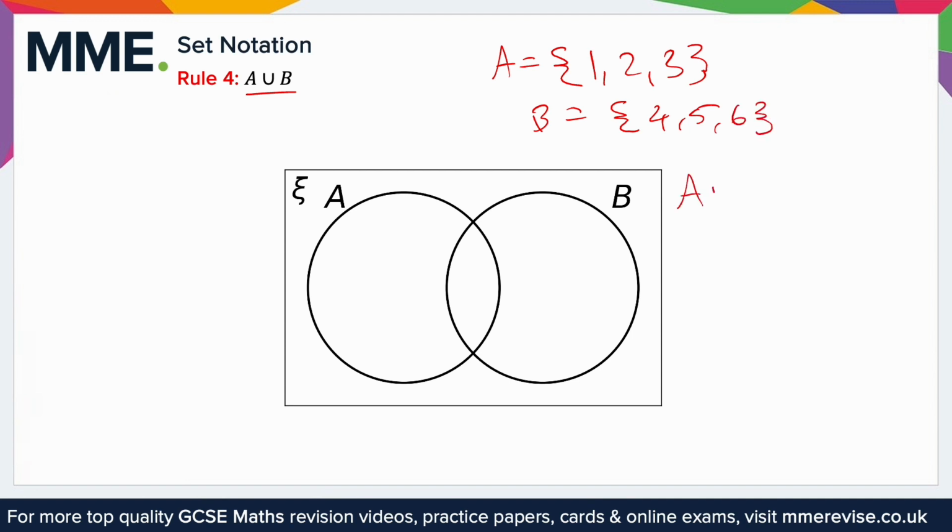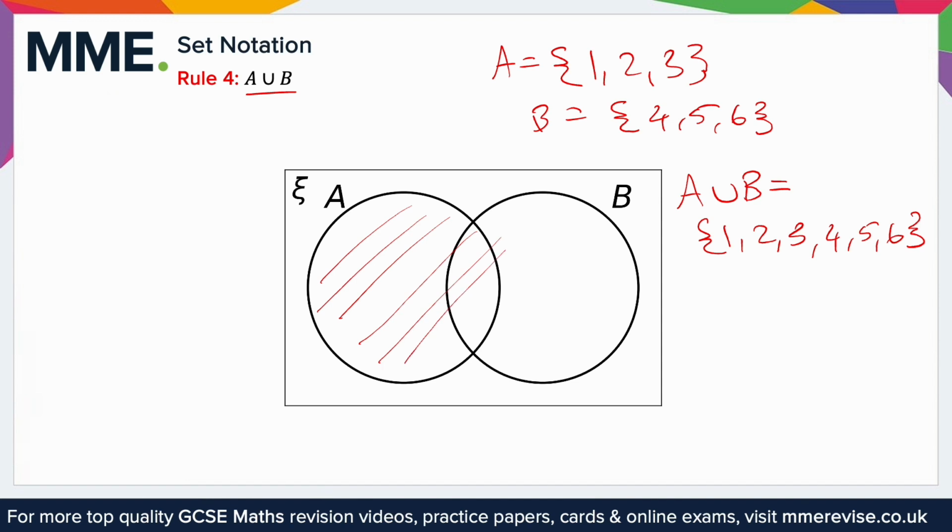So A, and then union looks like a U, B, is the set 1, 2, 3, 4, 5, 6. So how do we represent this on the Venn diagram? Well, it's just everything that is contained in both of the circles. So A and then a U in the middle, B, means A union B. You just put the two sets together.